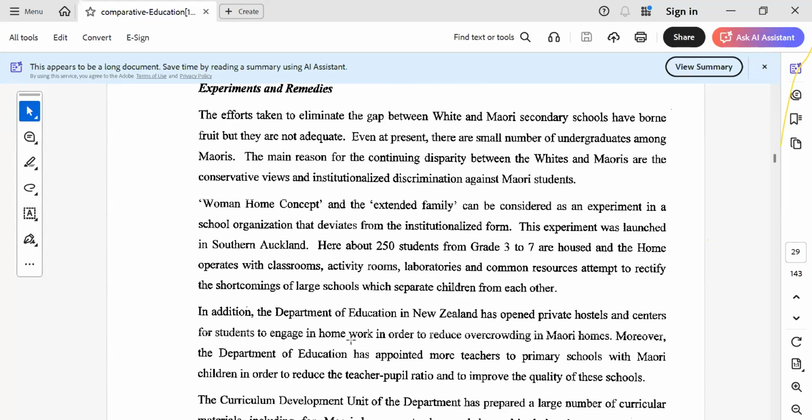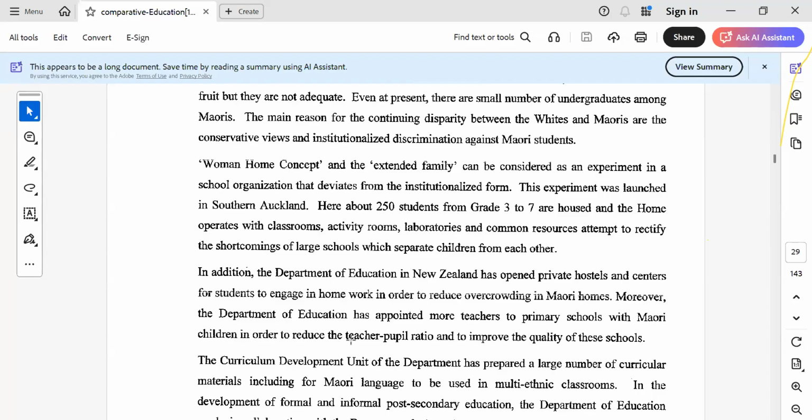So in addition, the Department of Education in New Zealand has opened private hostels and centers for students to engage in homework in order to reduce overcrowding in Maori homes.